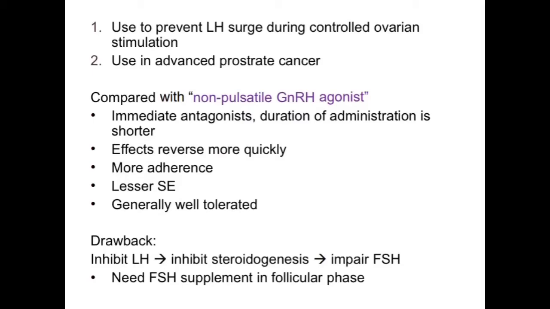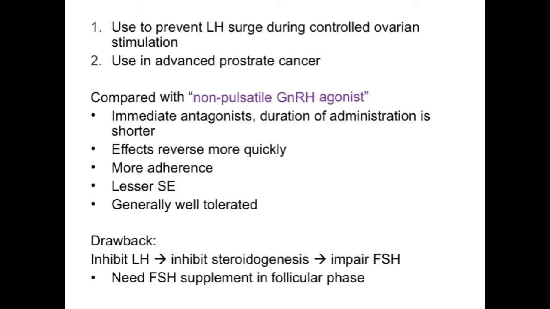For GnRH antagonists, there is immediate antagonism, so the duration of administration is shorter, and the effects can be reversed more quickly. So you have more adherence to the therapy. There are also fewer side effects, and it is generally more well tolerated.